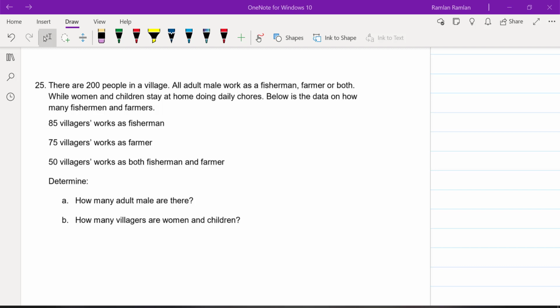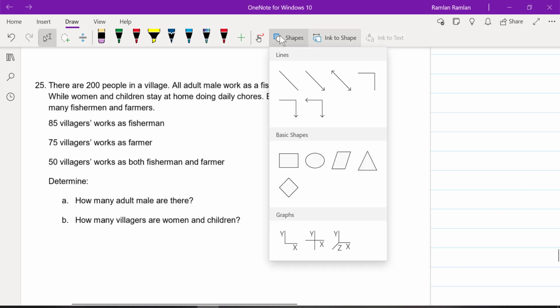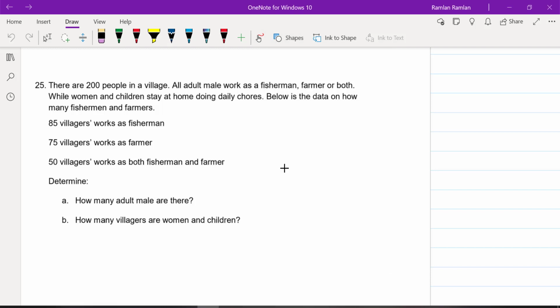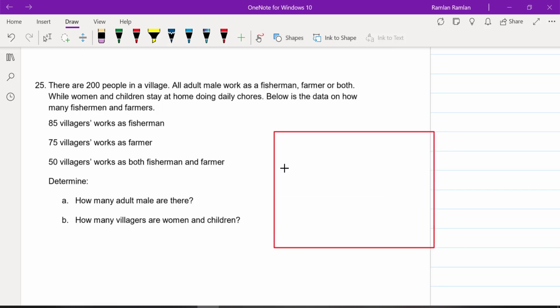In order to answer this kind of question, you need to draw a Venn diagram to make it very clear which one is which. So let's draw a rectangle, because we're going to put all of the numbers inside.